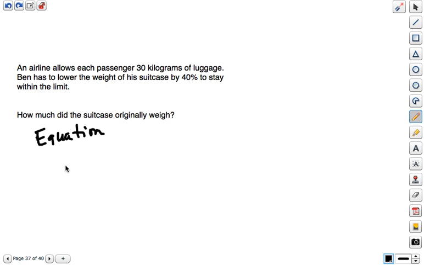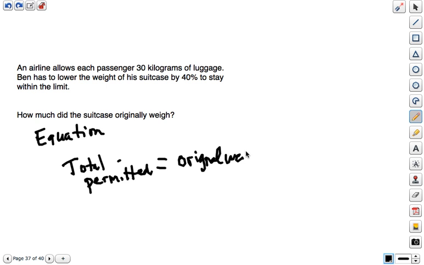So we know that the total amount permitted, we'll call it, this is the 30 kilograms, equals the original weight minus 40% of the original weight. So let's go ahead and just translate that.